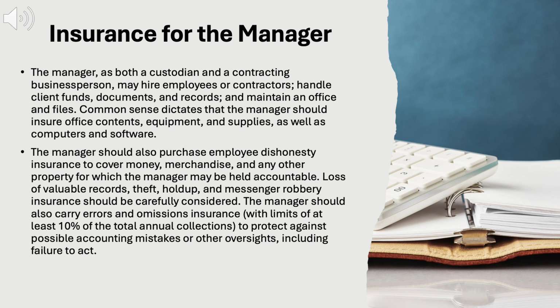The manager should also purchase employee dishonesty insurance to cover money, merchandise, and any other property for which the manager may be held accountable. Loss of valuable records, theft, holdup, and messenger robbery insurance should be carefully considered. The manager should also carry errors and omissions insurance with limits of at least 10% of the total annual collections to protect against possible accounting mistakes or other oversights, including failure to act.